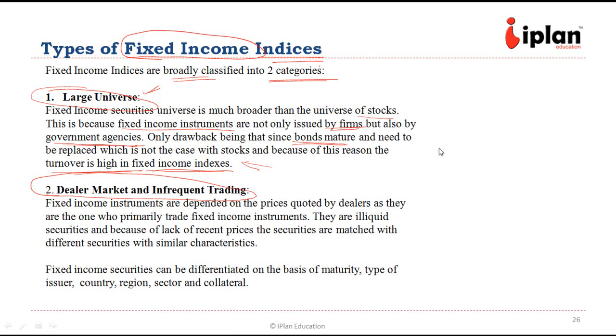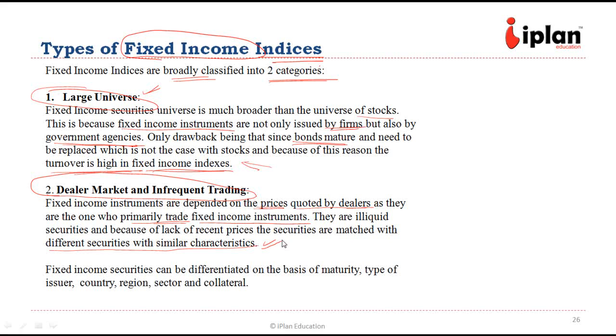Then we can have dealer market and infrequent trading index, where the prices are quoted by the dealers. So liquidity is not generally very high. These dealers primarily trade fixed income instruments, and when the prices of exact trades are not available, then different securities with similar characteristics are used to find out the price.